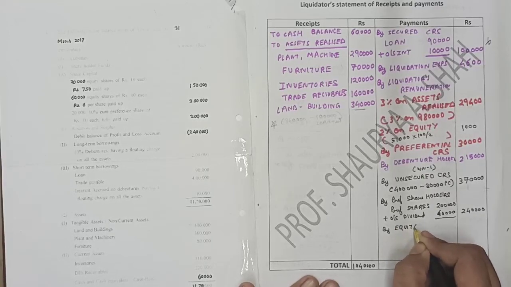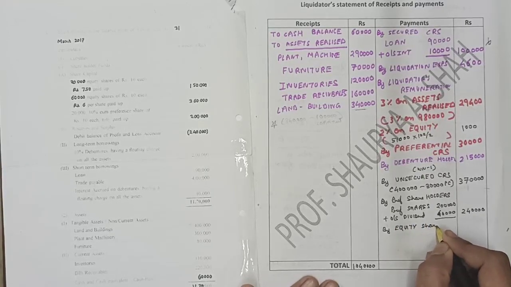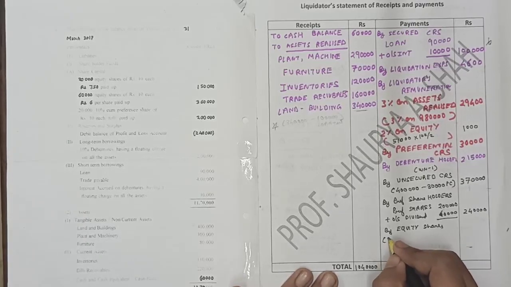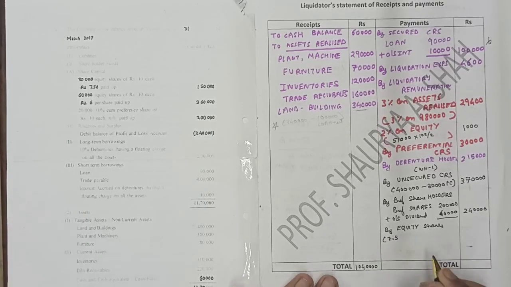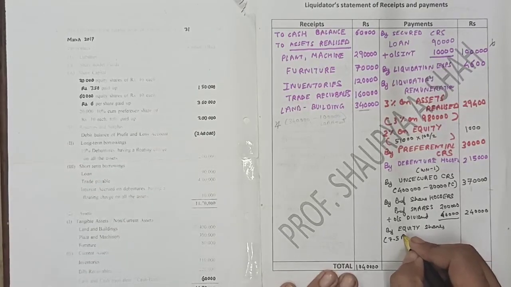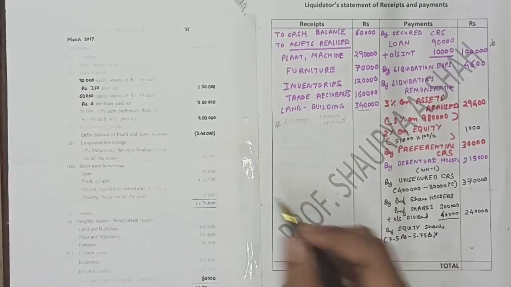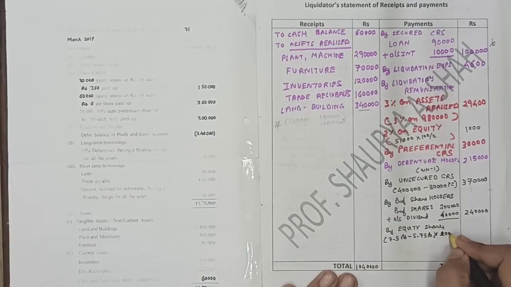By equity share, first we will pay to the higher paid up value. How much do you need to pay them? You need to pay them 7.5 rupees that they have paid me, right? So 7.5 rupees minus the loss 5.75 rupees into the number of shares, that is 20,000.